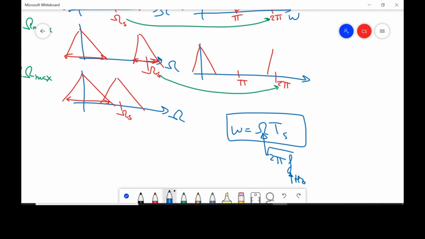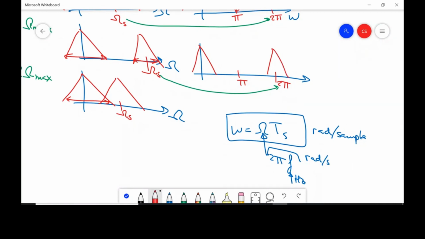Omega is in radians per second. And this omega is radians per sample. So we have the units of everything there.